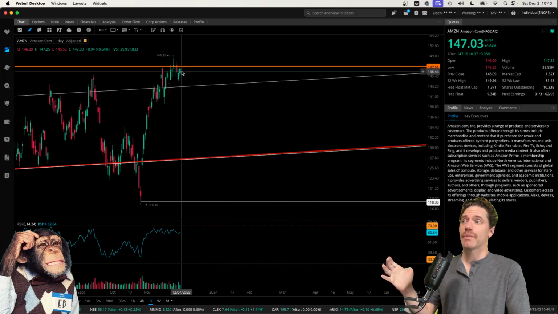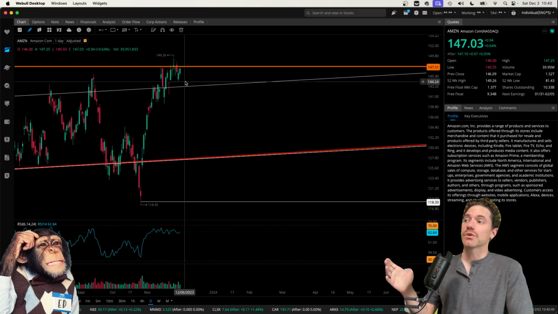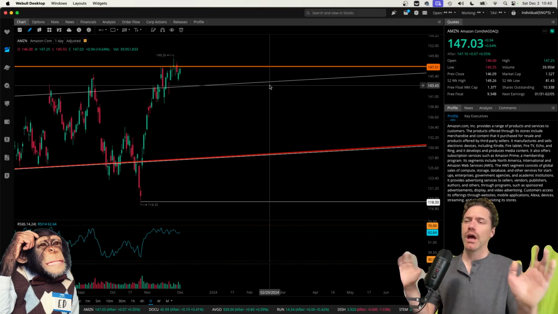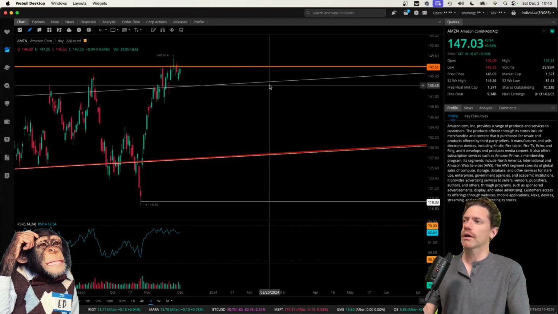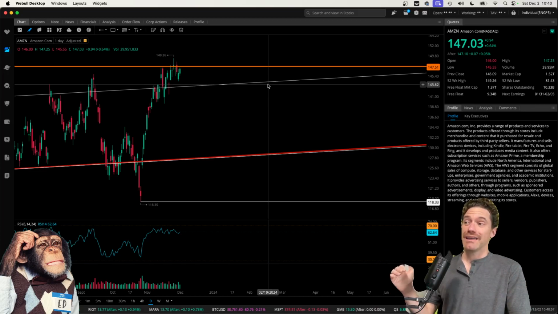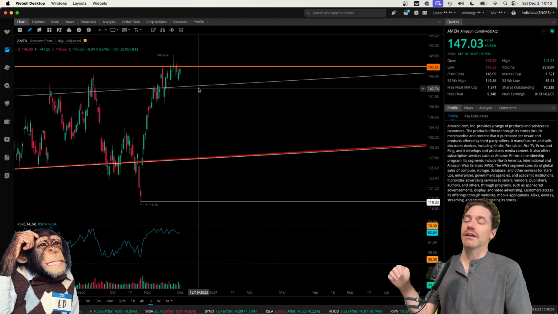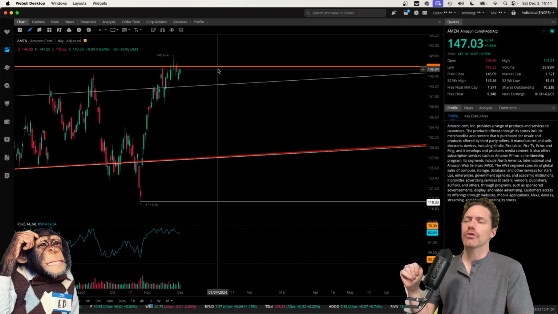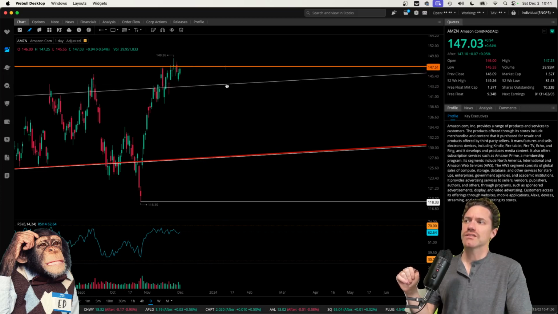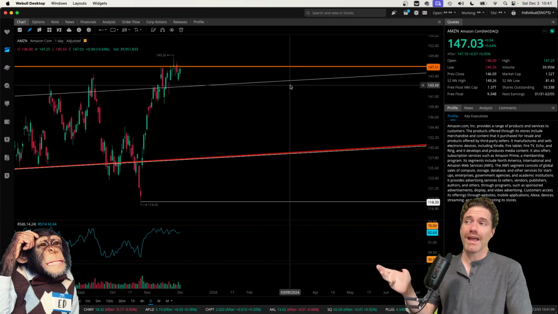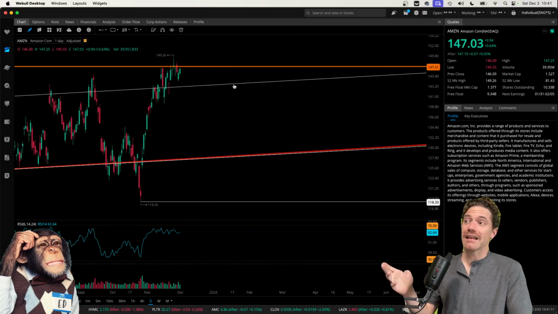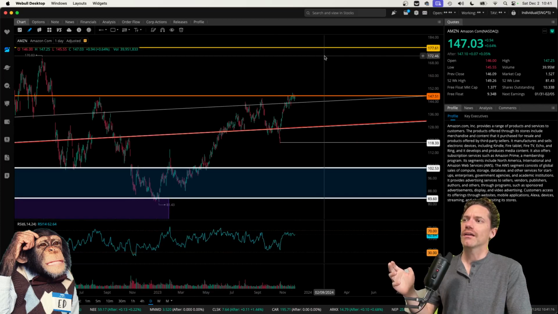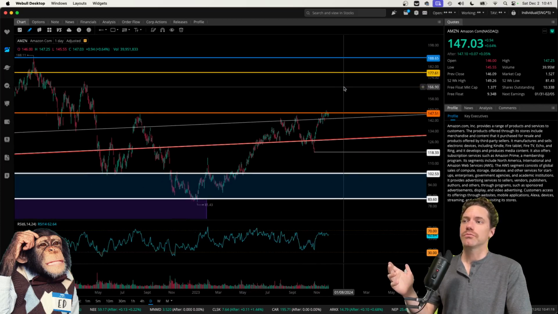And so what I would suspect will happen is there will be a retest of this white trend line as support, perhaps coming down to 143, 144. Perhaps lower. If that line is respected, the next test of this orange line, hopefully it will break through, but it might have to zigzag, forming a wedge or a pennant inside this region here before breaking higher and then testing new all-time highs.